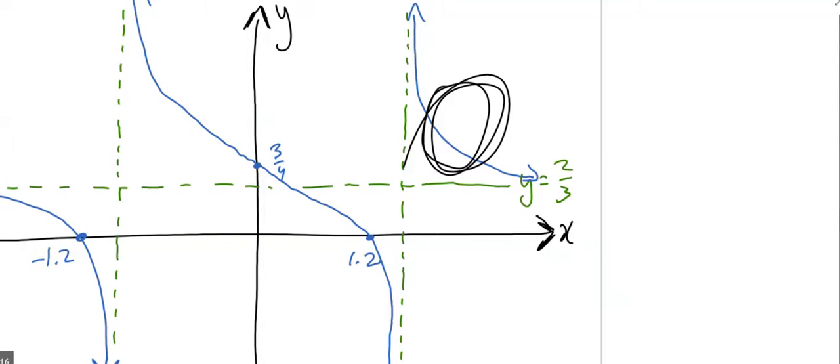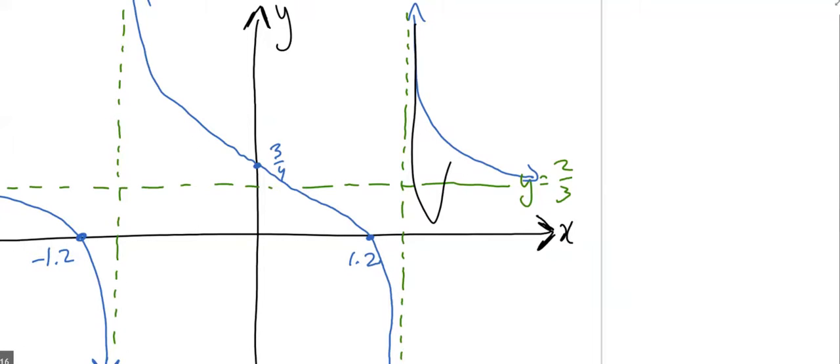And if you're wondering, well, how do you know it doesn't do this? Well, they never do that. That would require more complexity in the function. So if there's nothing telling me that it's crossing the x-axis, like intercepts there or something like that, then it's just a smooth curve.